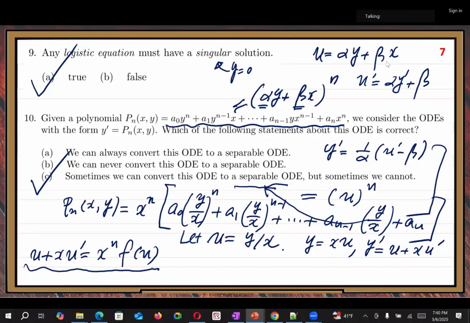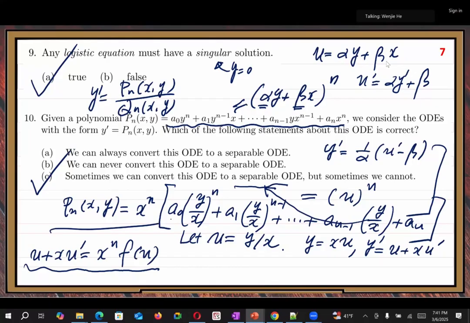Then the last thing. Today we may leave a little earlier. Remember your quiz number 3. Do you have a similar question like that? In quiz number 3, I gave you y prime equals p sub n of x, y over q sub n. This one, separable or not? Can you use this way to understand?